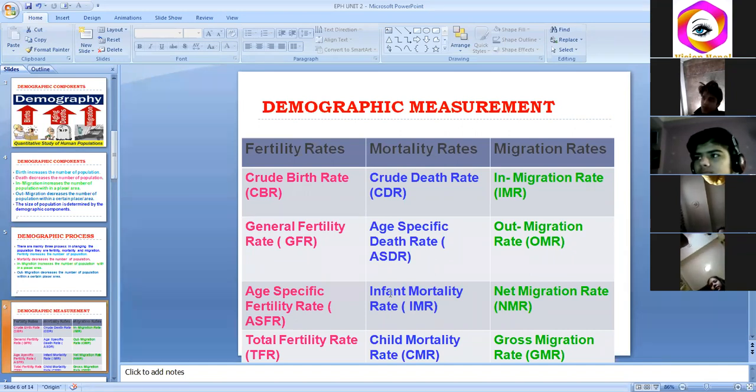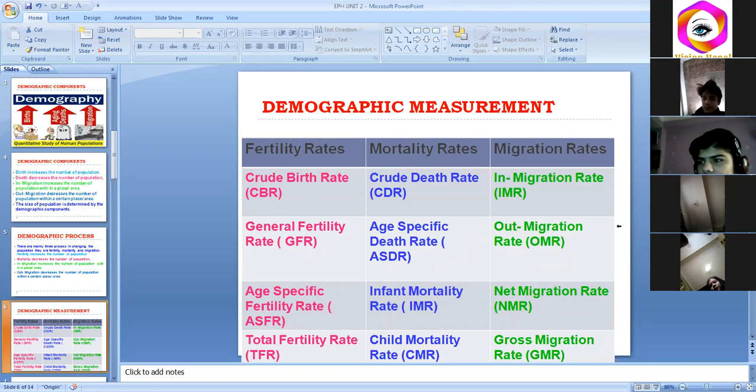And similarly, there is another, under-5 child mortality rate, U5MR. That means under 5 years old child mortality rate.